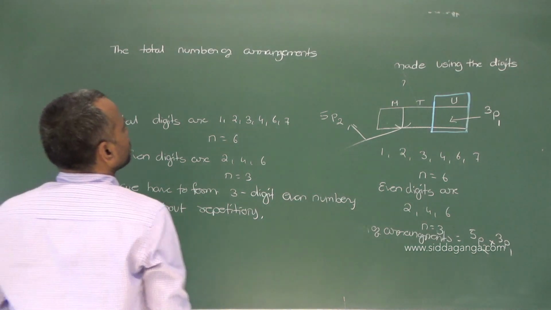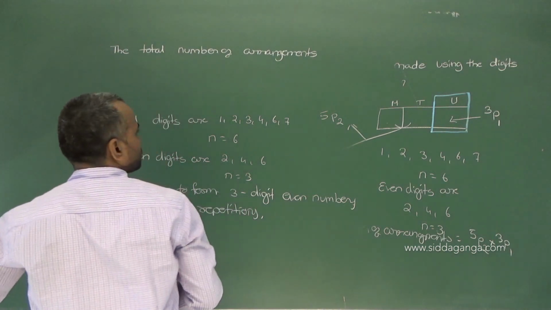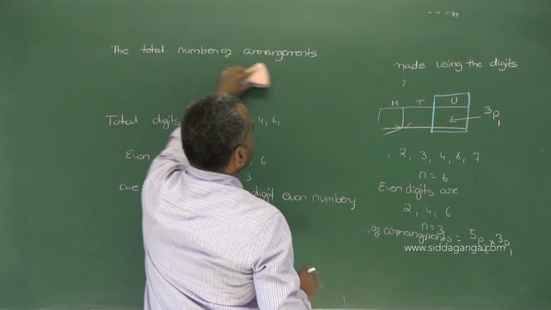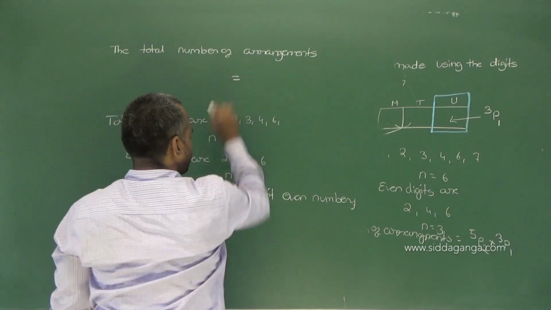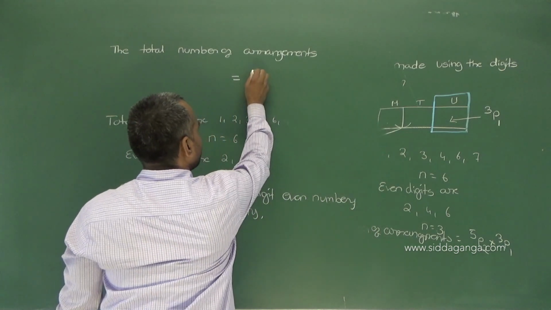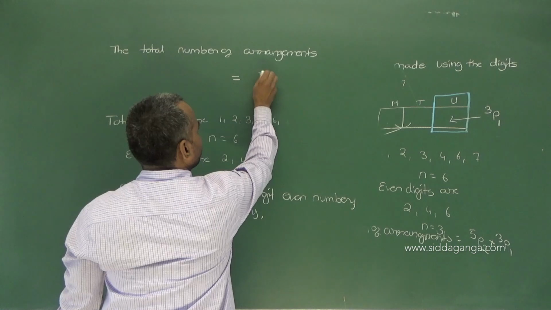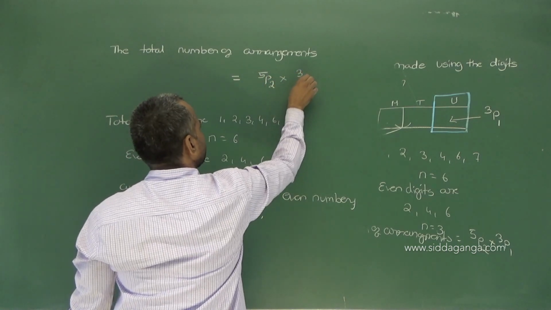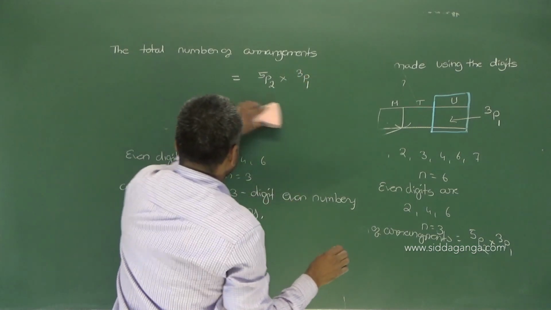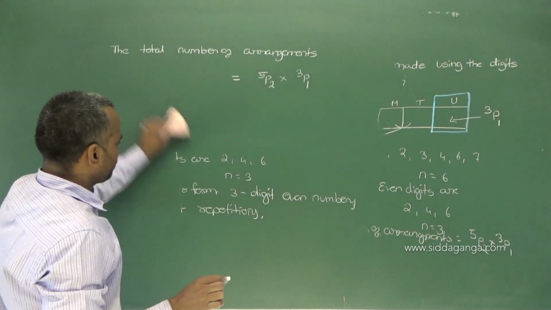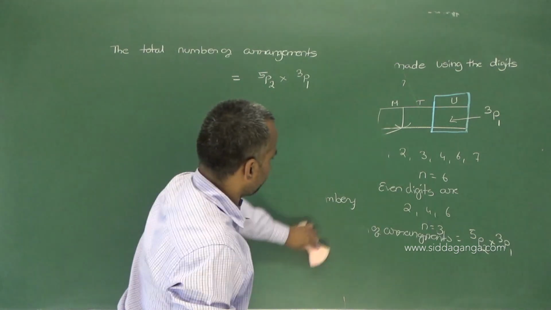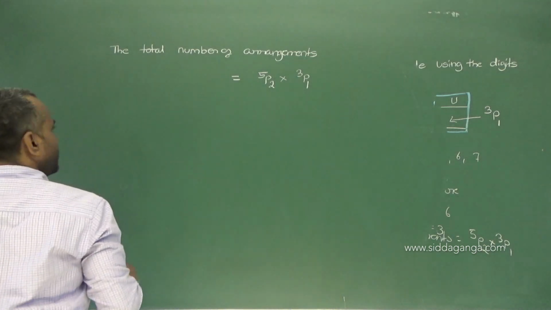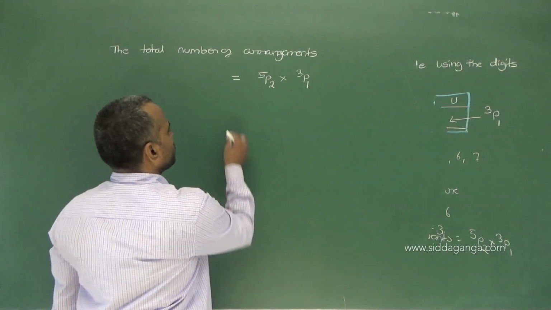The total number of arrangements is equal to 5P2 into 3P1.